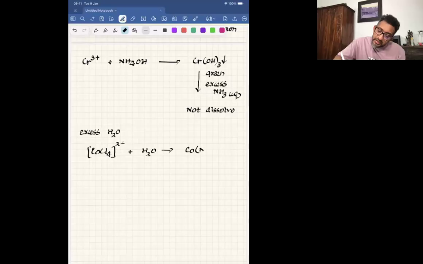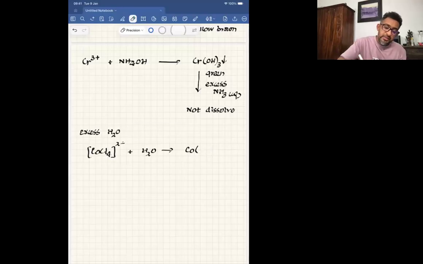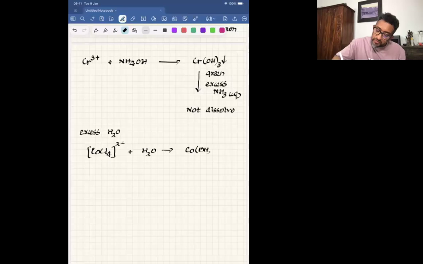Cobalt, not amine, sorry, hexaaqua complex, Co(H2O)6 2 plus, and it becomes pink in color.